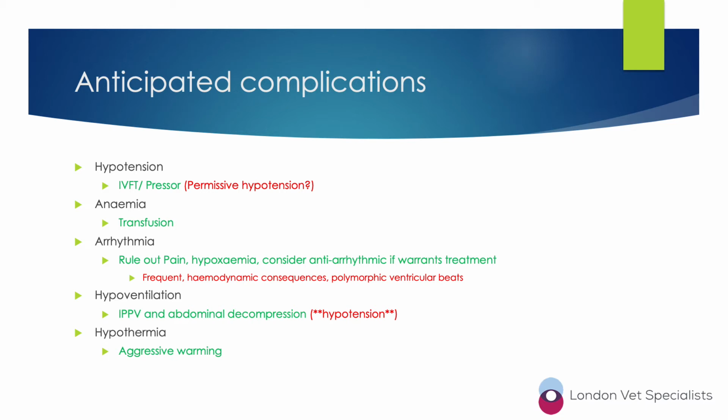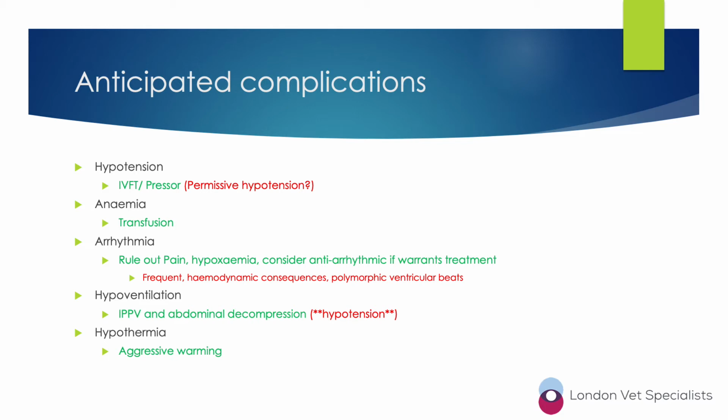For a multitude of reasons, these patients can become arrhythmic. In Bella's case, she had a splenic hemangiosarcoma, and it's thought that some of the inflammatory mediators produced or caused by this neoplasm may irritate the heart, so they're more likely to have arrhythmia.